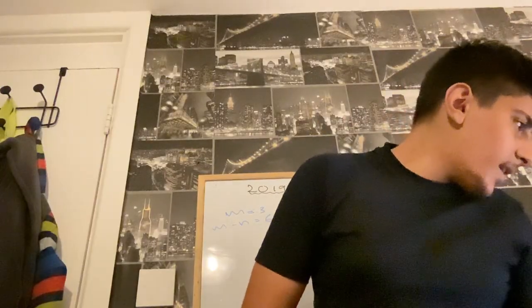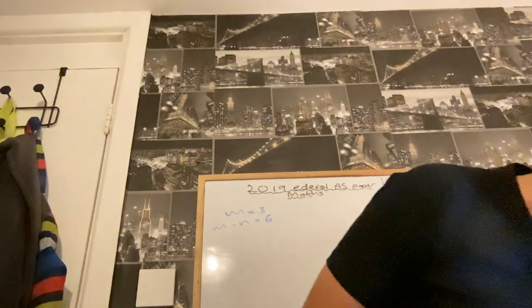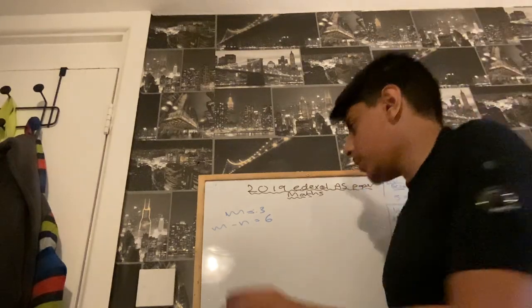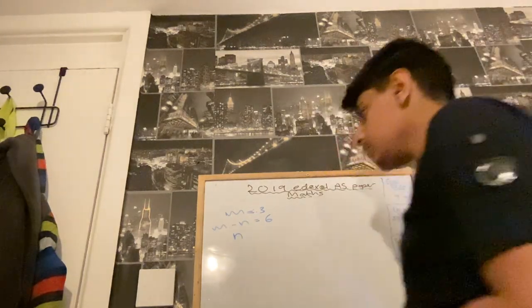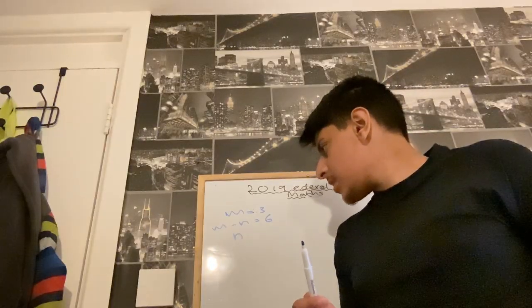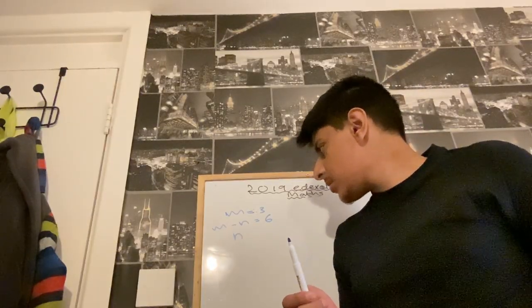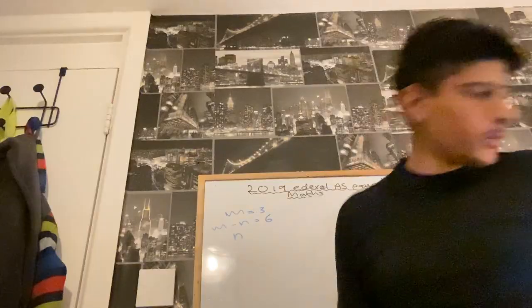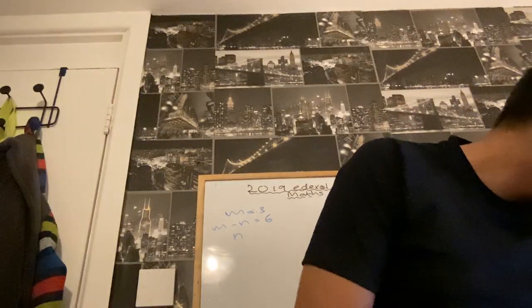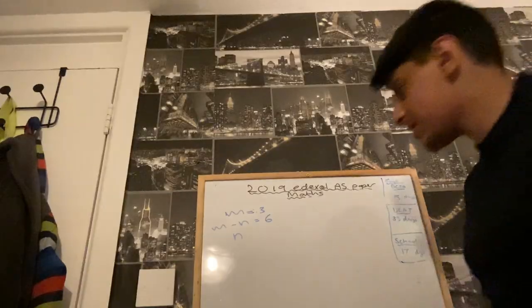And we have n, which we don't know about, but we'll just put n. Yeah, so that's right. Then we just form a triangle.